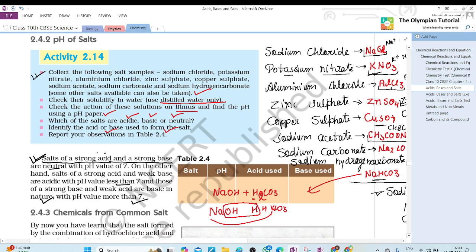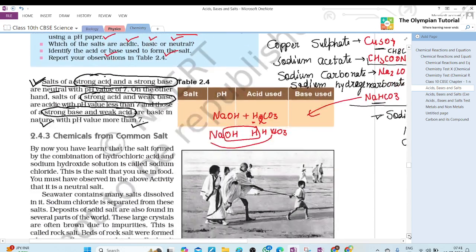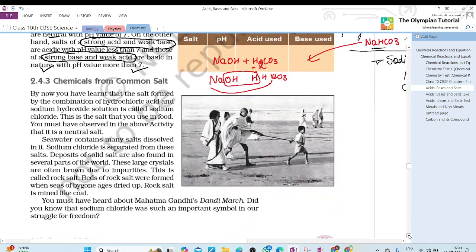So if it is strong acid, strong base, then neutral salt, pH value 7. Strong acid, weak base, less than 7, acidic salt. Very good. And strong base, weak acid, basic salt, more than 7. Ayukta, Ishan, and Thanya, please confirm, are you completely okay with this topic? Yes, ma'am.